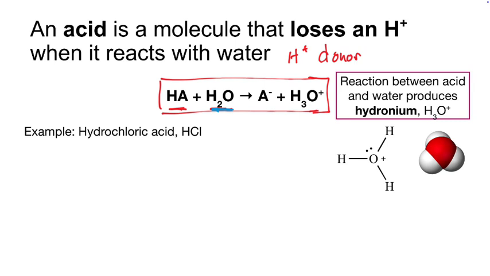So if we're now going to predict what the products should be in this scenario, what needs to happen to the HA? Well, number one, what do I have to get rid of? H, which means my symbol becomes, keep it simple, A. That's it. We'll worry about the other part in a second.